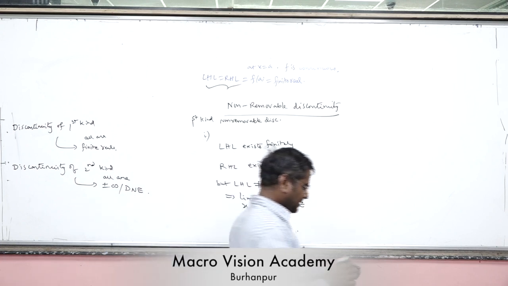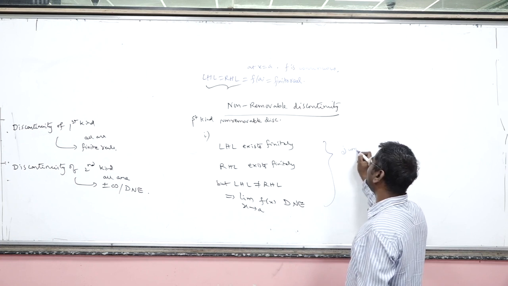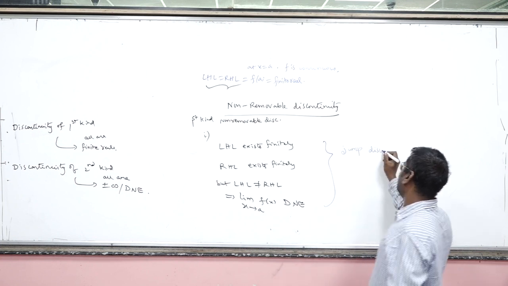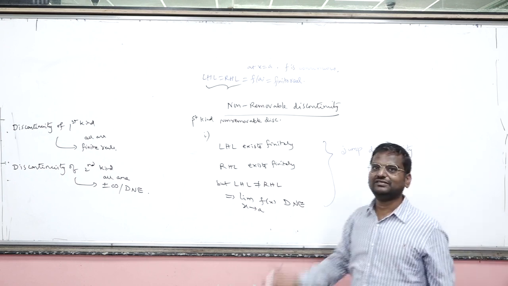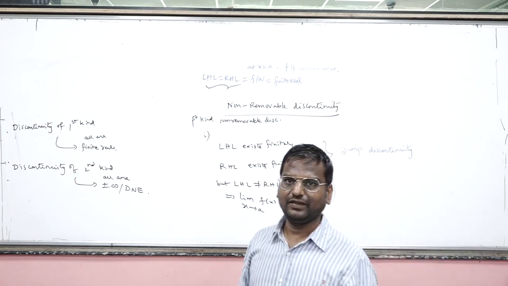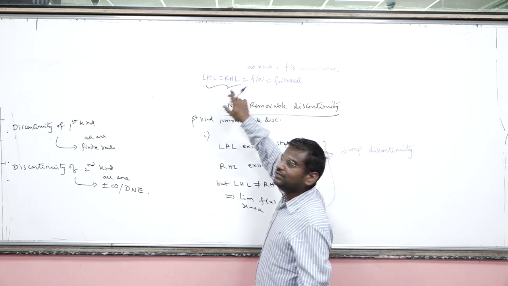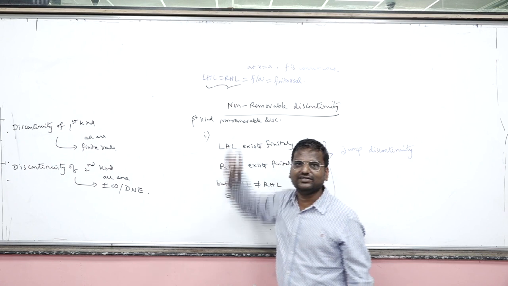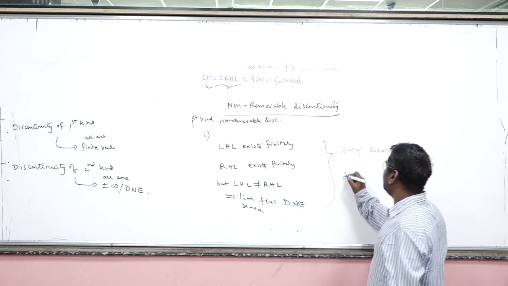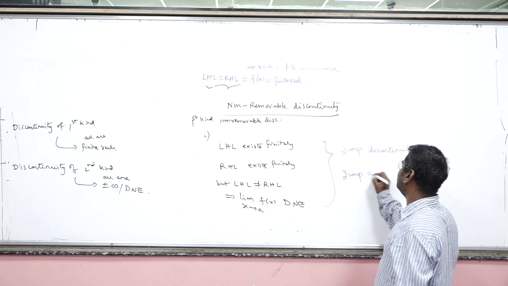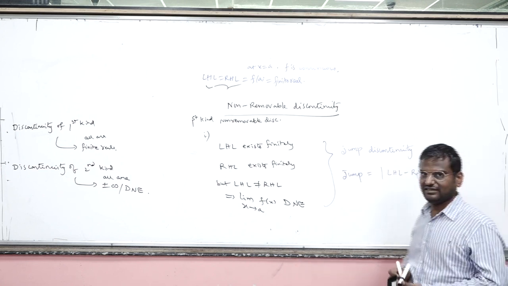Such a discontinuity is called jump discontinuity, because this is a finite number as well as that, but they are not equal to each other. In the first case, these two were equal but not equal to f of a. Now we are saying this itself is not equal to this. Then the magnitude of jump is defined by the difference between LHL and RHL.